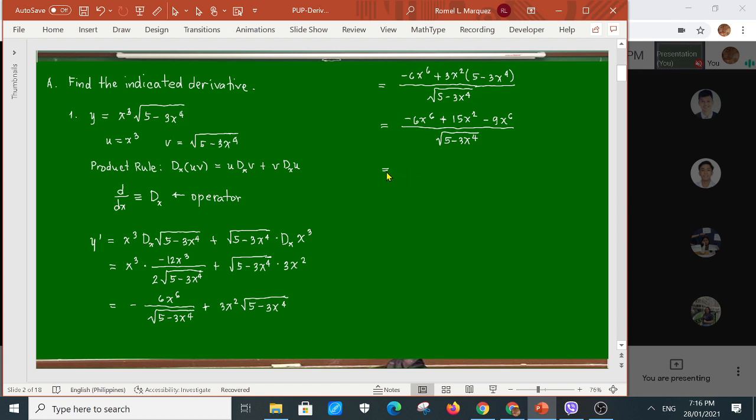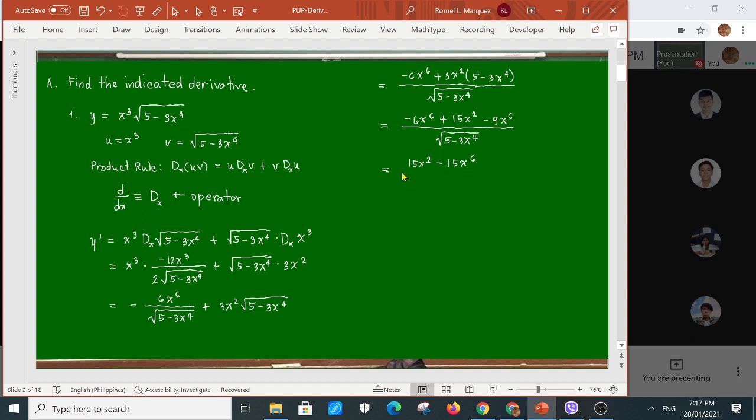What's the numerator, guys? Anyone? So, 15x squared, and then negative 6 plus negative 9, negative 15x to the 6.